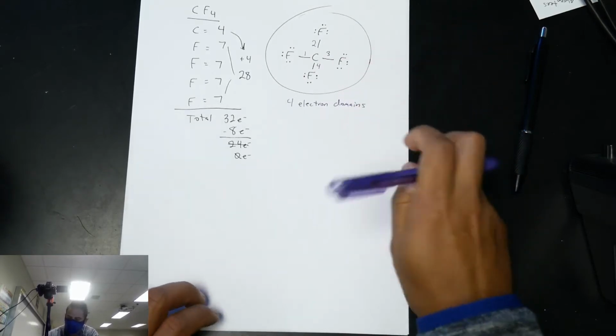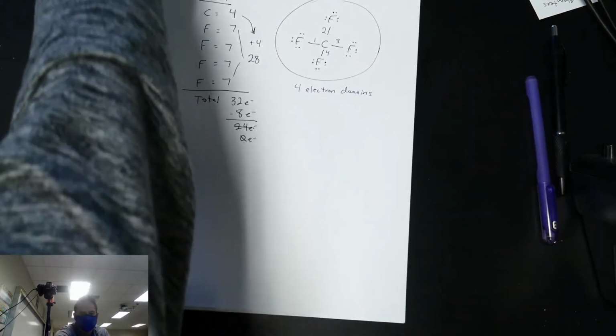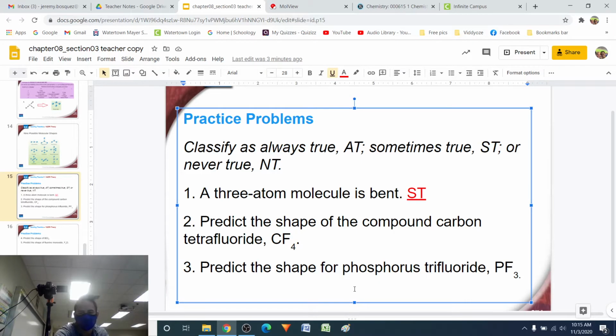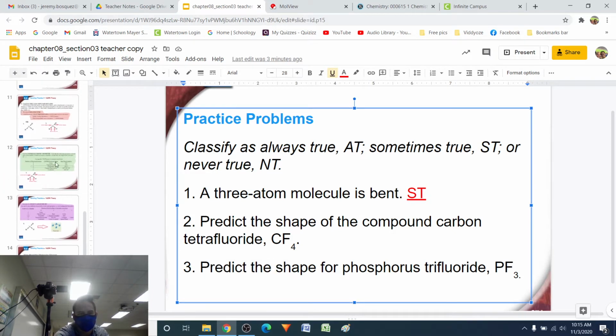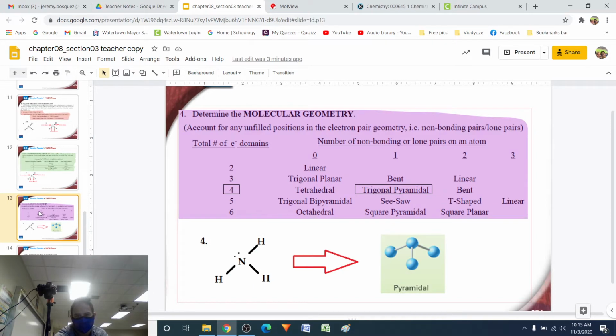Once we've determined how many electron domains we have, we're going to need to use the chart that is in our notes. So let's switch back to our slides and take a look at this chart. The number of electron domains we have is 4. Therefore, the electronic shape is tetrahedral. That's not the geometry, that's just telling us the bond angle. The real one we want to look at is the next one.